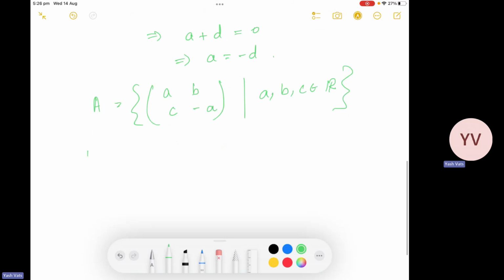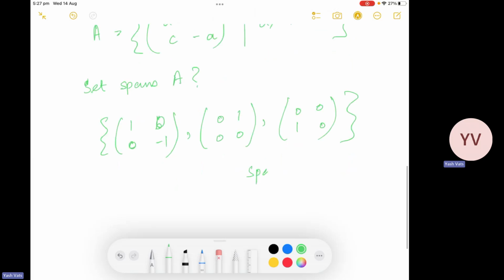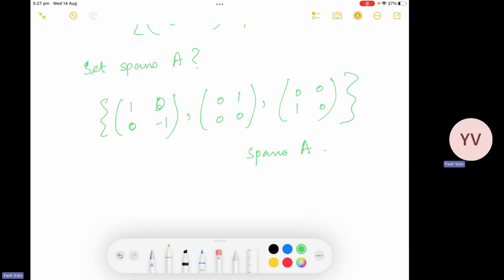So what's the dimension of V? Which set spans V? So the set spanning the set is this. So just take this one, and this set spans V, right?